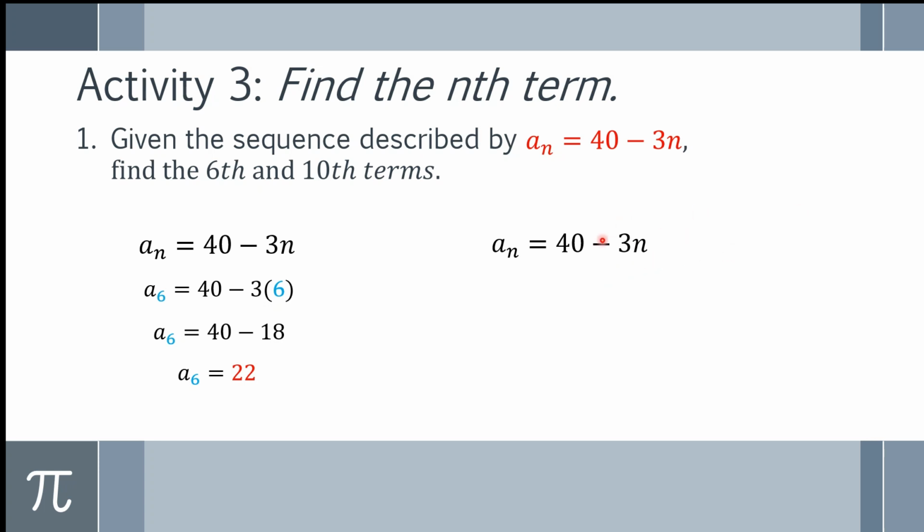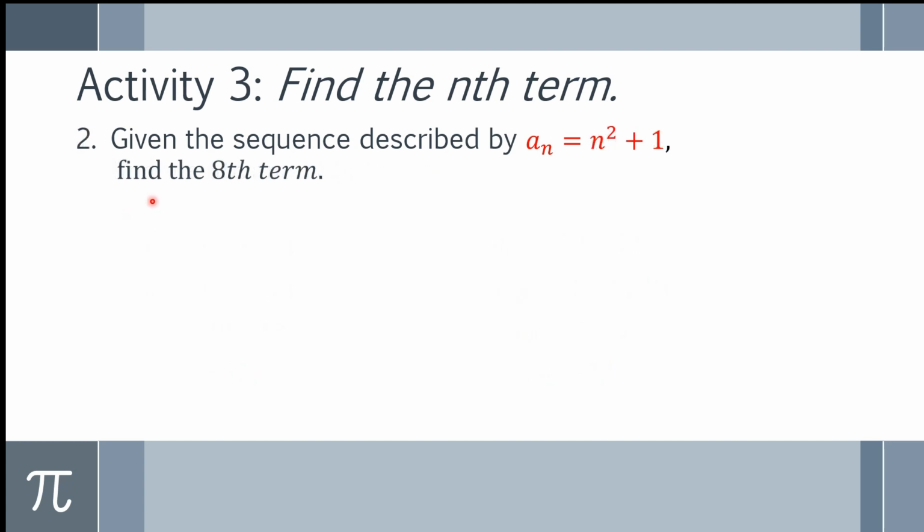So given the formula, the rule, change the value of our n by 10. So we have 40 minus 3 times 10 will give us 40 minus 30. 3 times 10 is 30. So to simplify, our 10th term is 10. 40 minus 30 is equal to 10. So our 6th term again is 22, and our 10th term is 10.